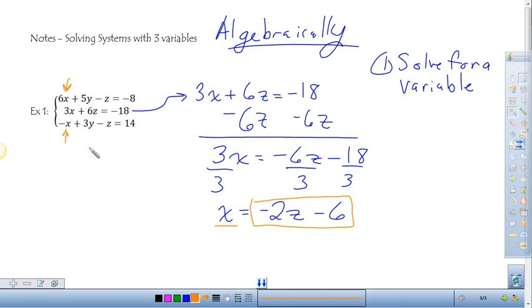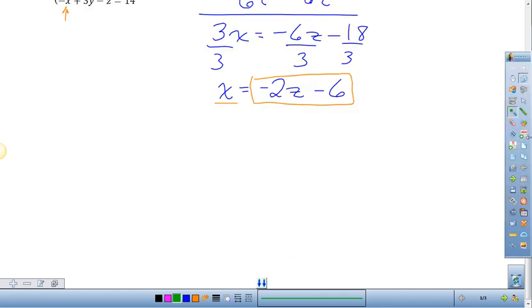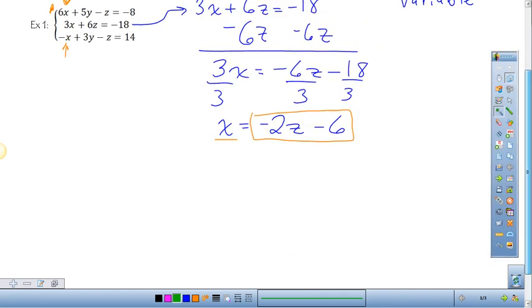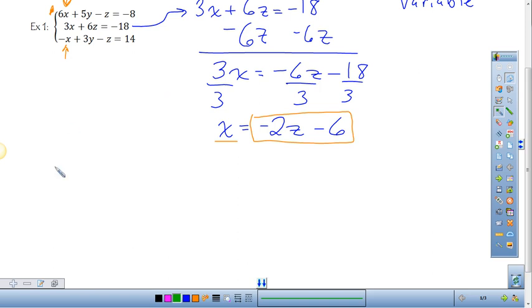Okay, so I'm going to start off with this guy, and do some stuff in different colors. So we've got 6, a big set of parentheses, because that's what x is and I'm substituting something in for it, plus 5y minus z equals negative 8.